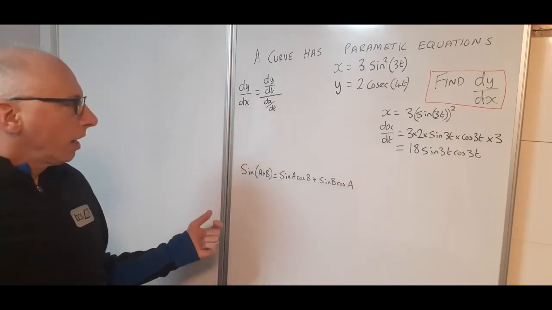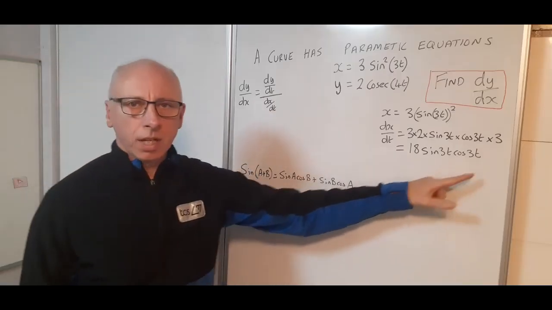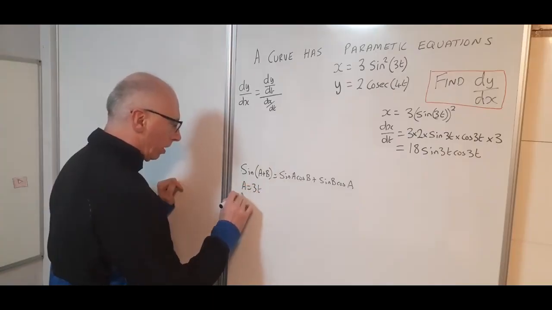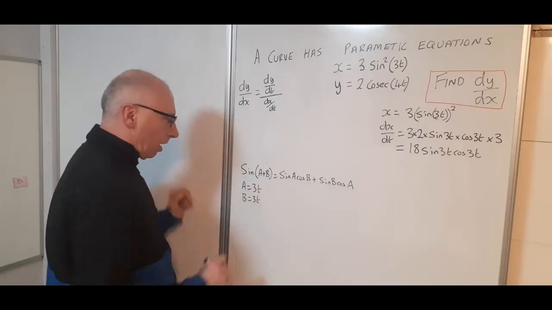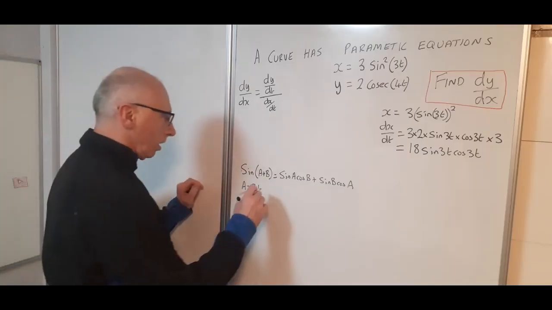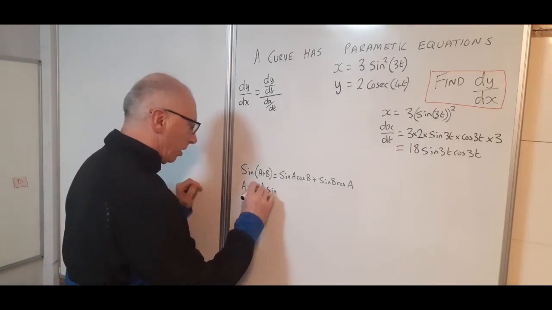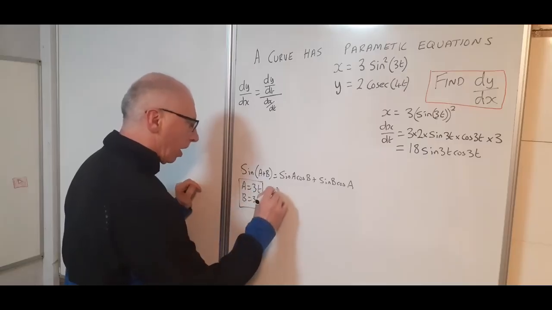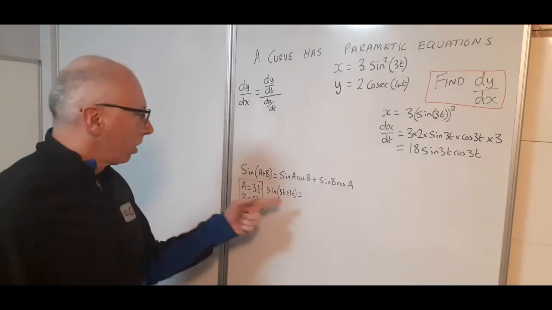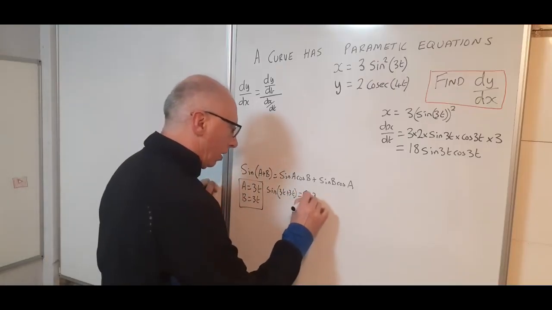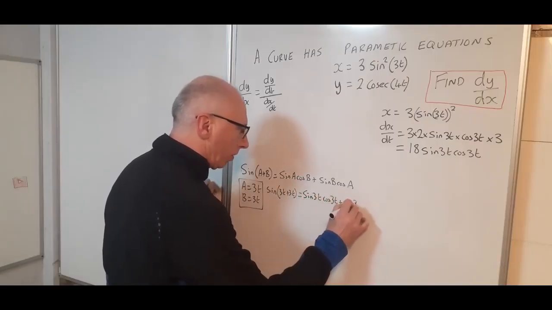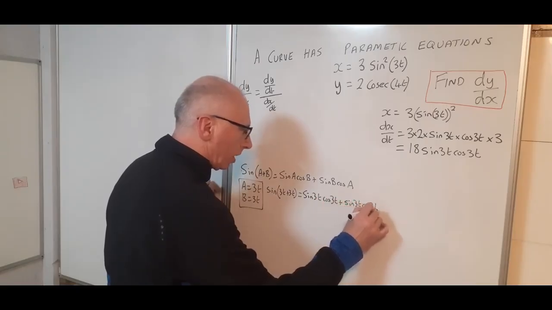As I've got 3t and 3t, if I let a and b both equal 3t, then sine of 3t plus 3t equals sine 3t cosine 3t plus sine 3t cosine 3t.